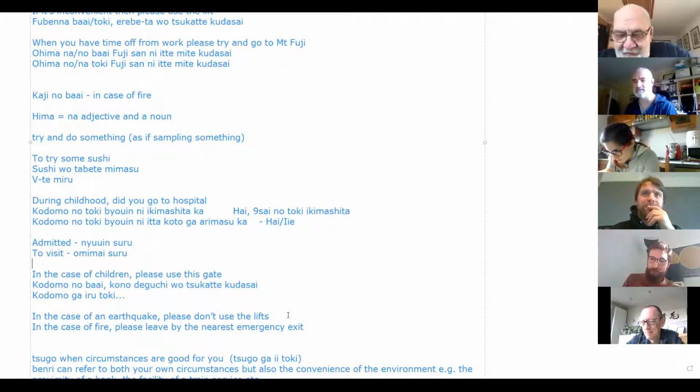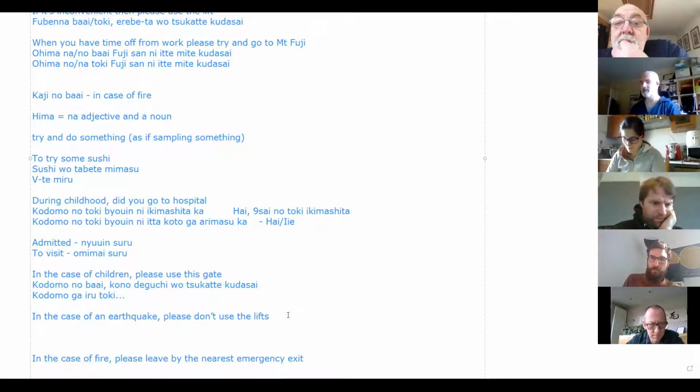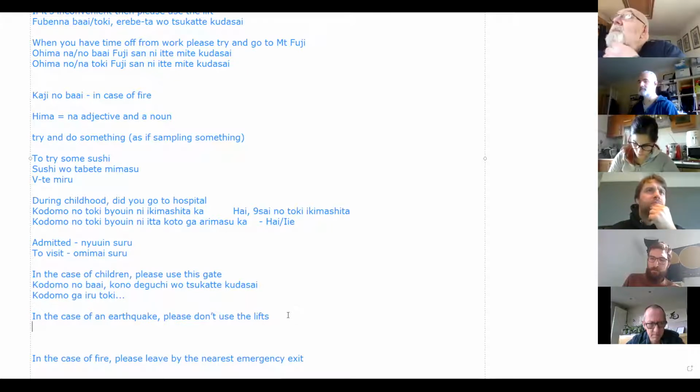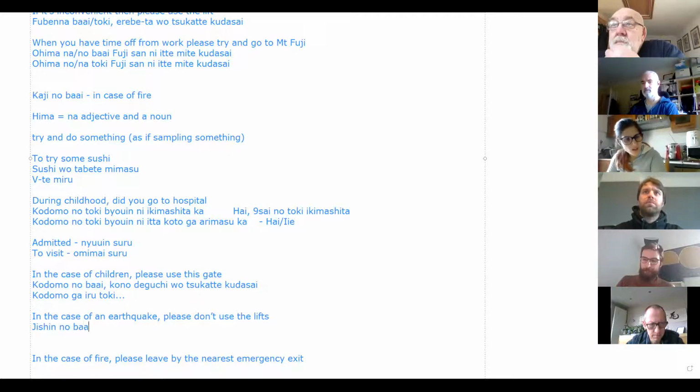Okay, right, let's go on to this one. Costa, do you want to try this one? In the case of an earthquake, please don't use the lifts. Jisin no baai, good.